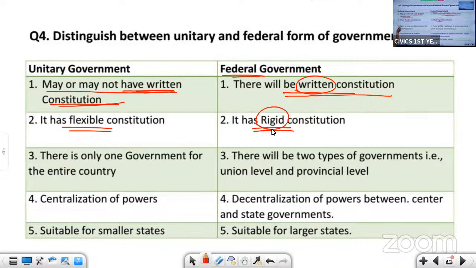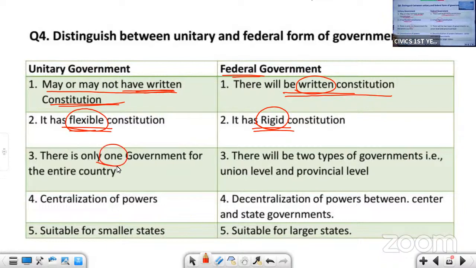So federal government will have a written constitution and it is rigid. Unitary government may or may not have a written constitution. If it has a written constitution, it will be rigid, and if it has an unwritten constitution, then it will be flexible.